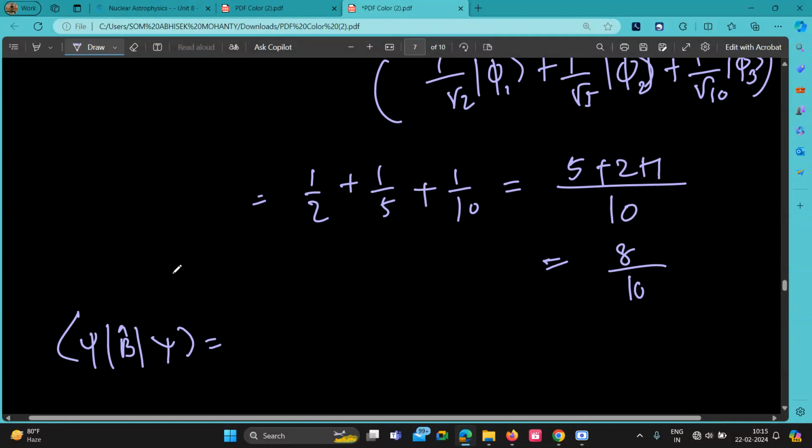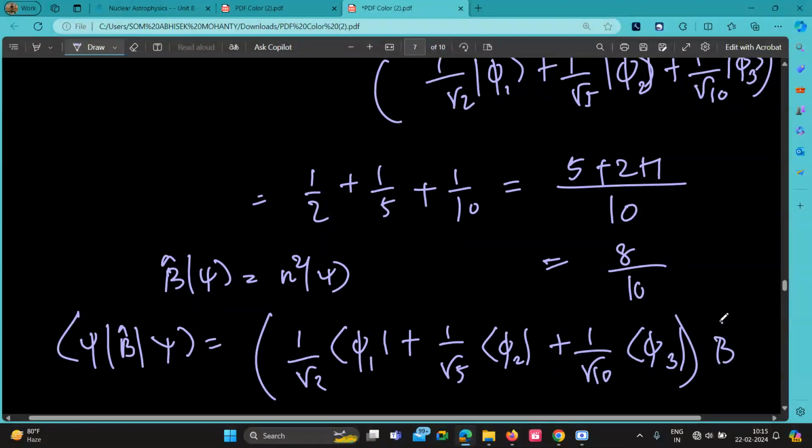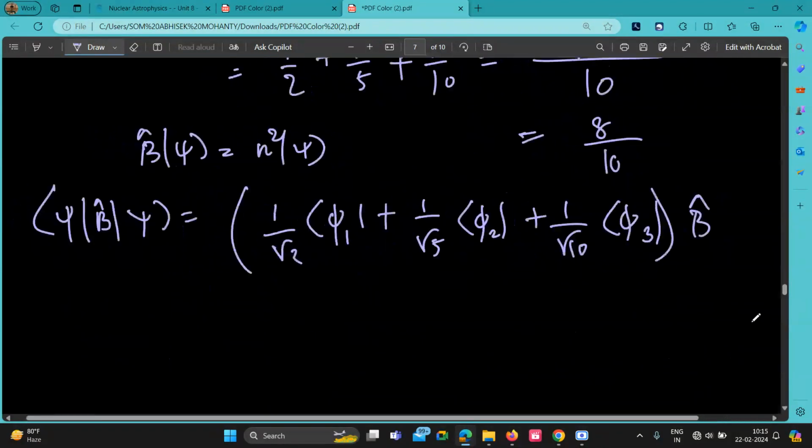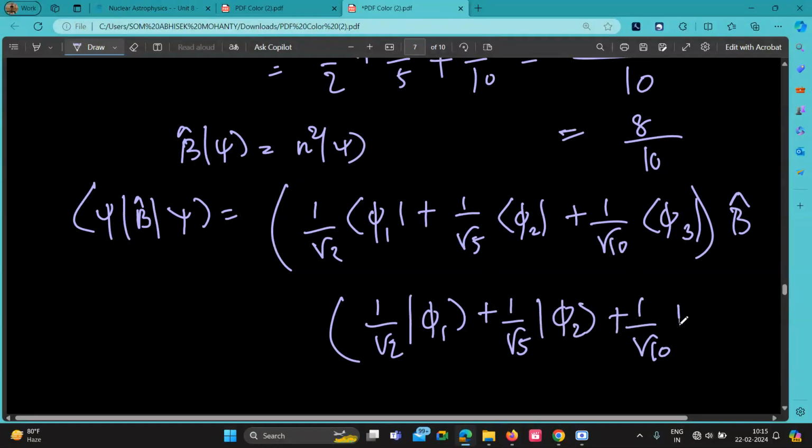We know when B is operating on phi n, it will give me n square phi n, isn't it? So again I will write 1 by root 2 bra phi 1 plus 1 by root 5 bra phi 2 plus 1 by root 10 bra phi 3, and B will operate on the ket part: phi 1 plus 1 by root 5 phi 2 plus 1 by root 10 phi 3.